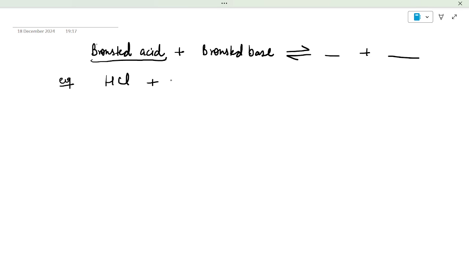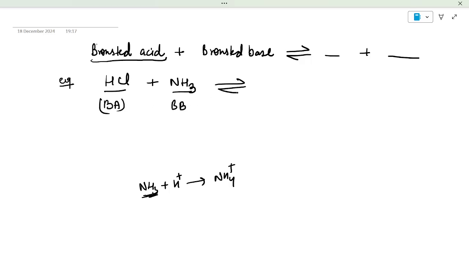A Bronsted base, for example, is ammonia. Ammonia has a tendency to accept H positive ions, and when it combines with them, it forms ammonium ions. So ammonia acts as a Bronsted base. Here we are doing an example reaction between HCl and ammonia, that is, one is a Bronsted acid and the other is a Bronsted base.